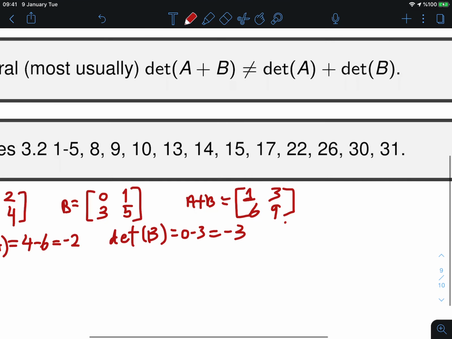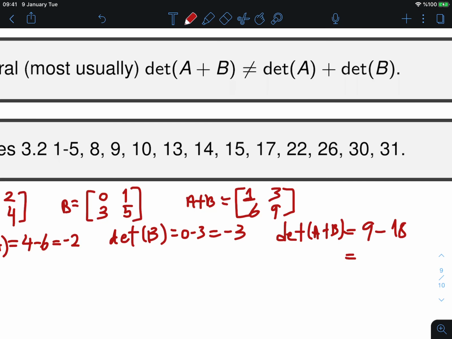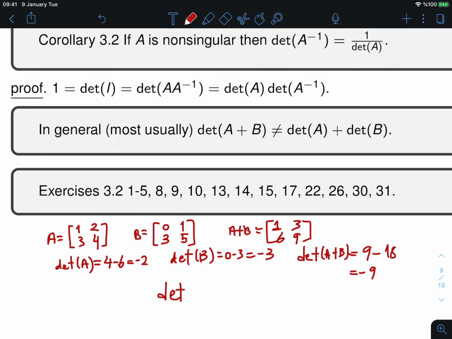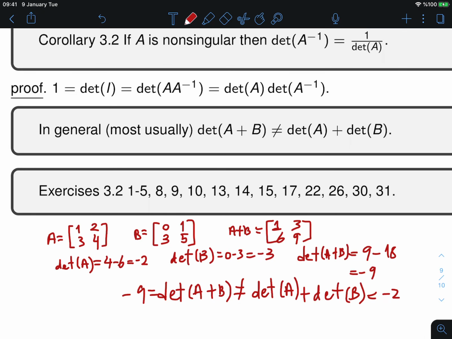So the determinant of A plus B is 9 minus 18, which is minus 9. You see the determinant of A plus B is minus 9, but it's not the same as the determinant of A plus the determinant of B, which is minus 2 minus 3. So we have to be careful about this fact.